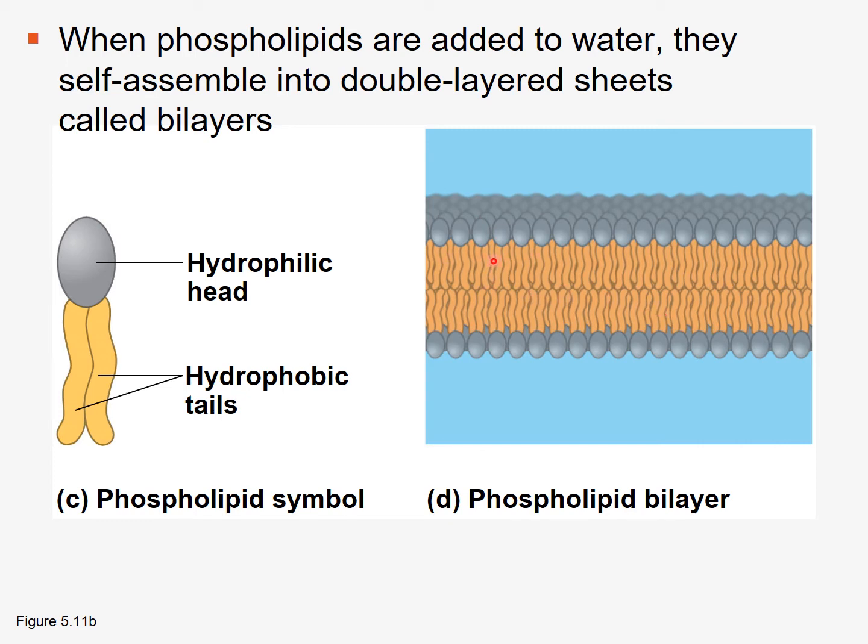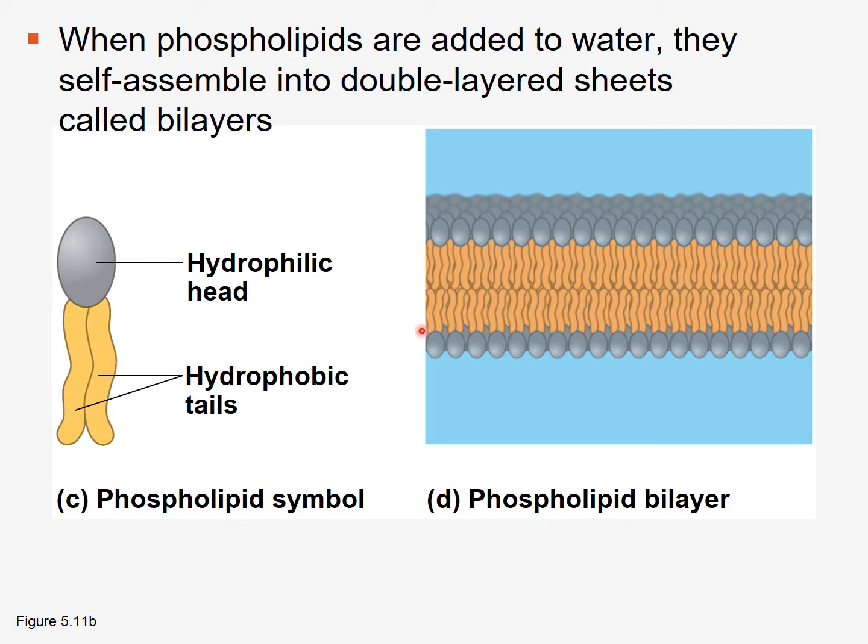Here we can see the 2 layers, and these orangish yellow regions represent the hydrophobic tails, and then we have the hydrophilic head, which is an oval grayish shape. These come together because hydrophobic tails like to interact with each other. They're hydrophobic and they like to stay away from water.